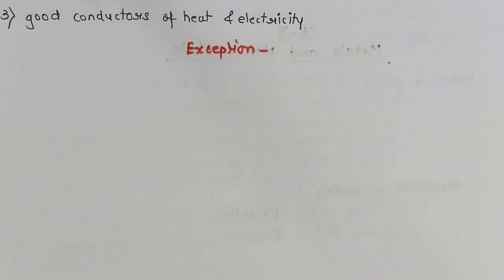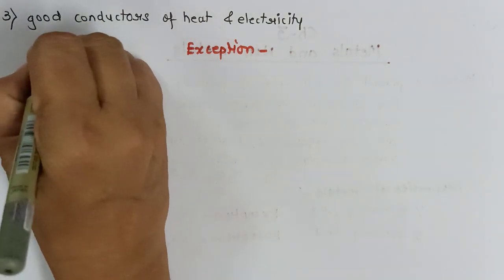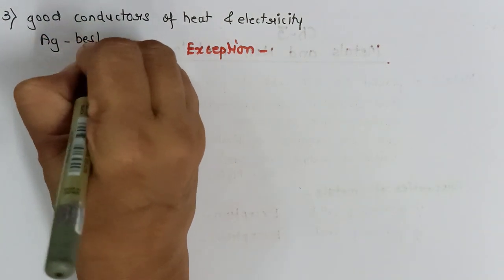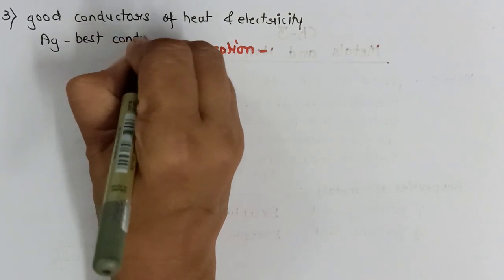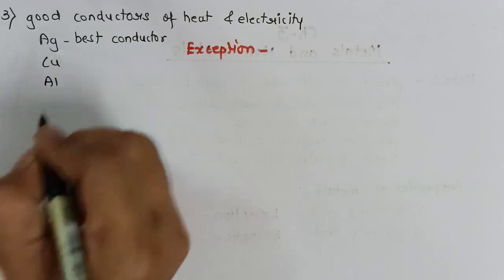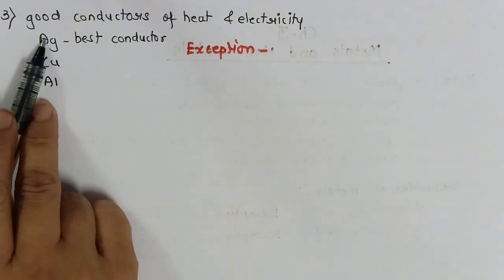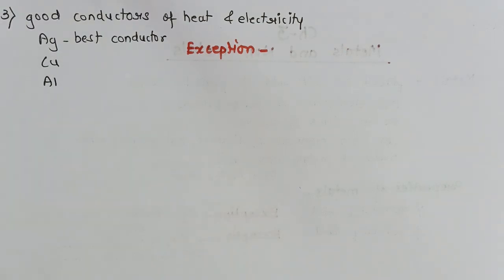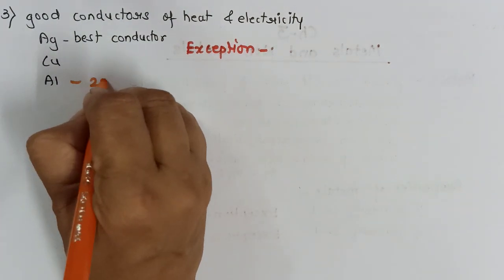From our basic schooling, we know metals are good conductors of heat and electricity. Silver is the best conductor, followed by copper, followed by aluminium. Now, this question was asked this year in the 2020 board exam.